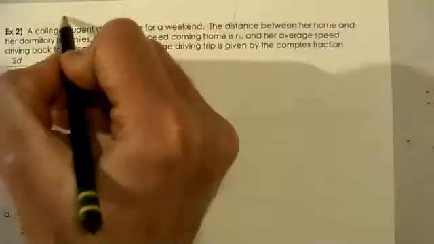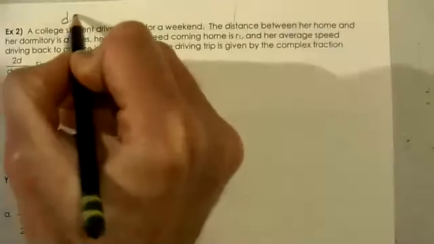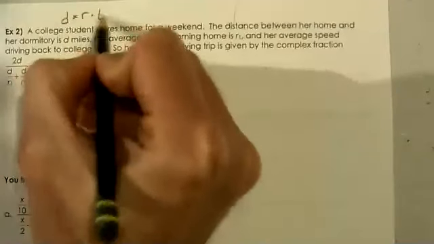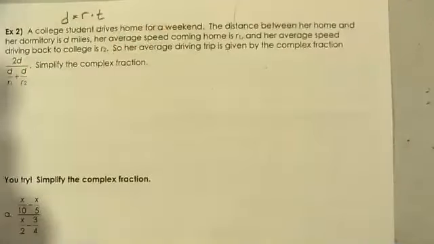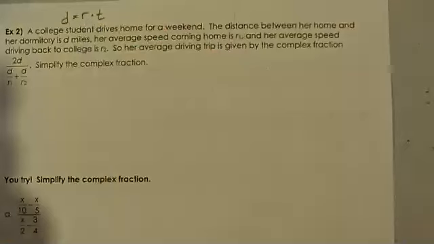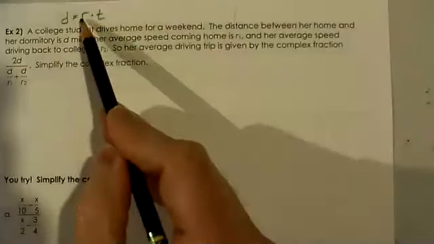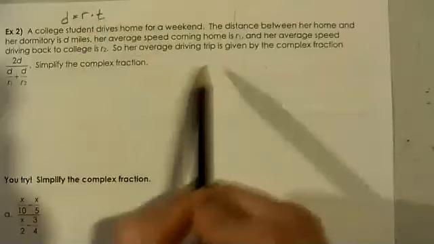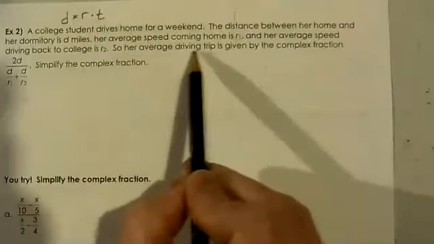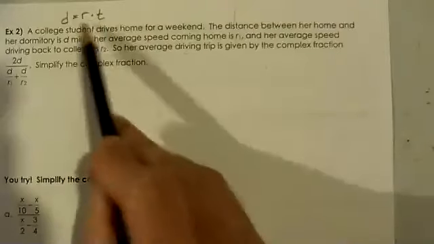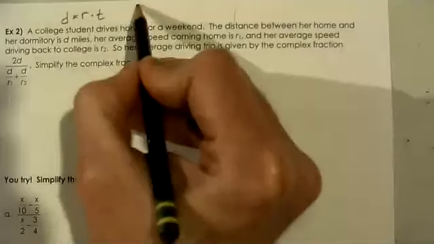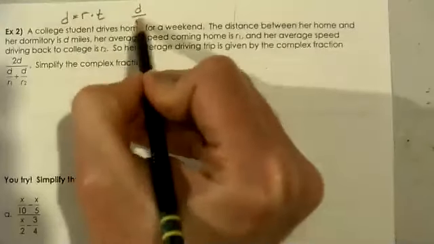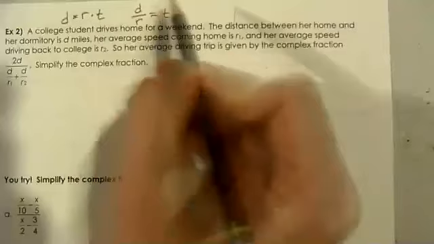So if you think of distance equals rate times time, that's an equation to figure out a total distance, which is the speed at which you're traveling for the amount of time that you travel. Well, if we want to figure out the driving trip, which is the time, we're going to divide by R. So distance divided by rate equals time.